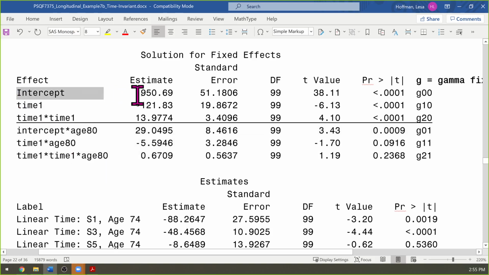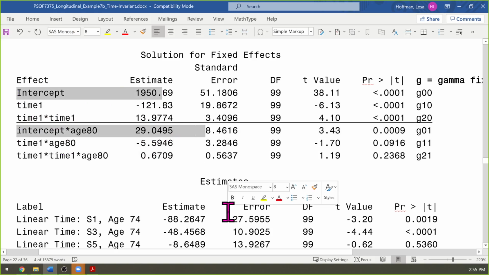So if we start with this and this, the model is centered such that time 0 is the first occasion. So at the first occasion, an 80-year-old person is expected to take 1950 milliseconds to do this task.